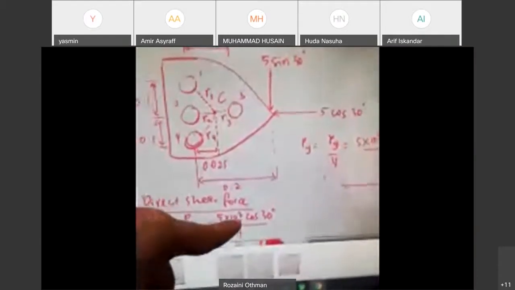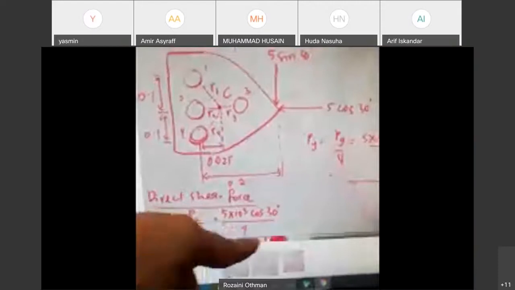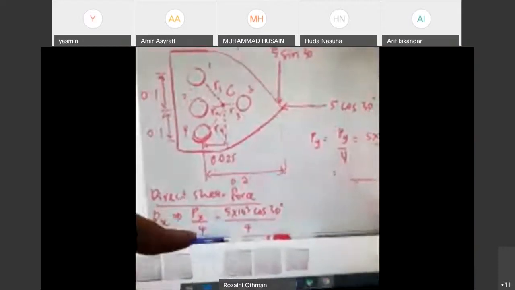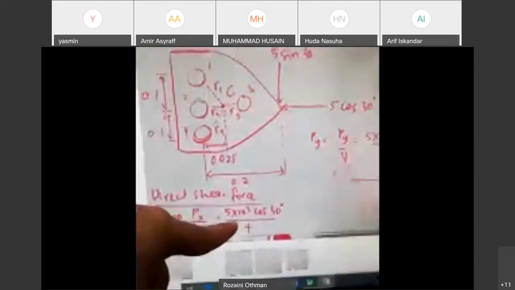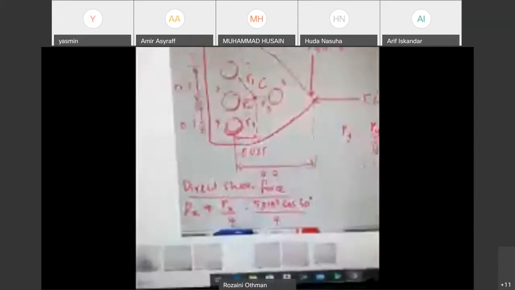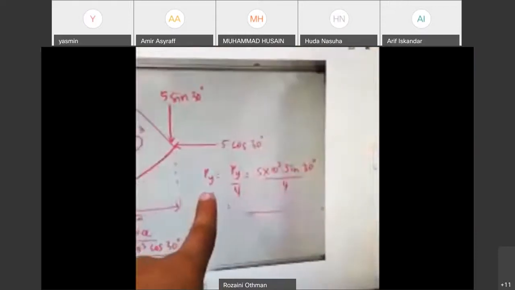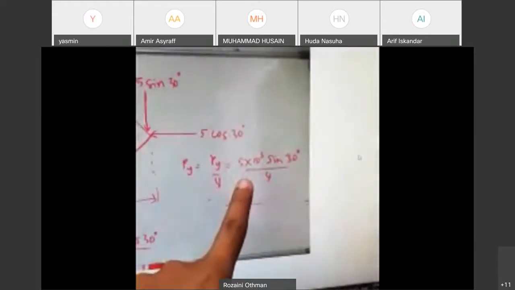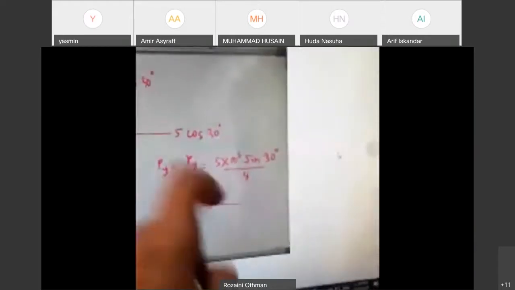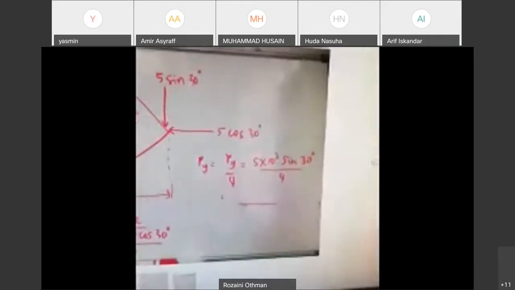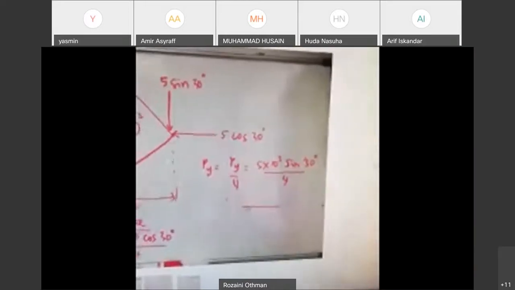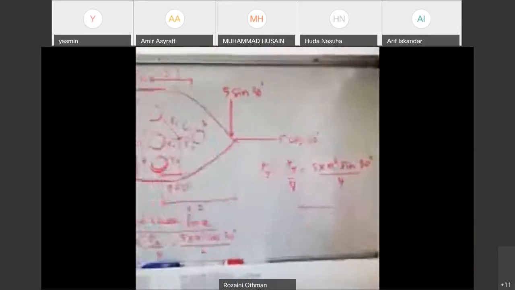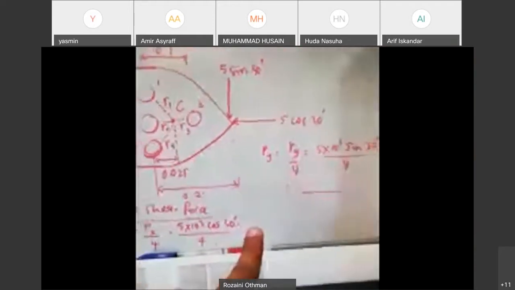The force in X is 5 kilonewton cos 30 divided by the number of rivets, which is 4. In the Y direction, we have a force in Y, 5 kilonewton sine 30 divided by the number of rivets, 4, so you will get the value of Py. Please try to determine what Px and Py are.